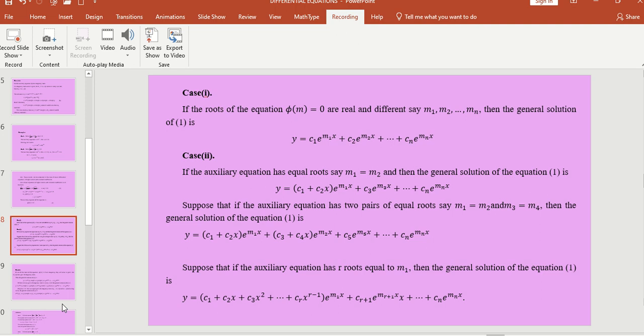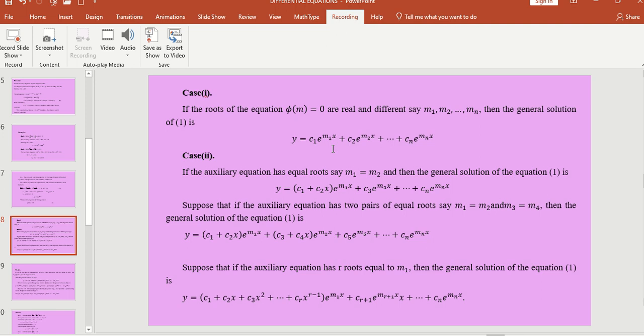If the roots of the equation are real and different, then this will be valid: y = c1 e^(m1 x) + c2 e^(m2 x) + ... + cn e^(mn x).